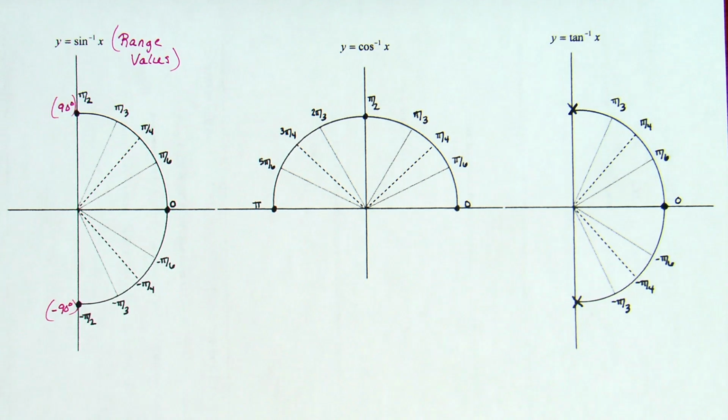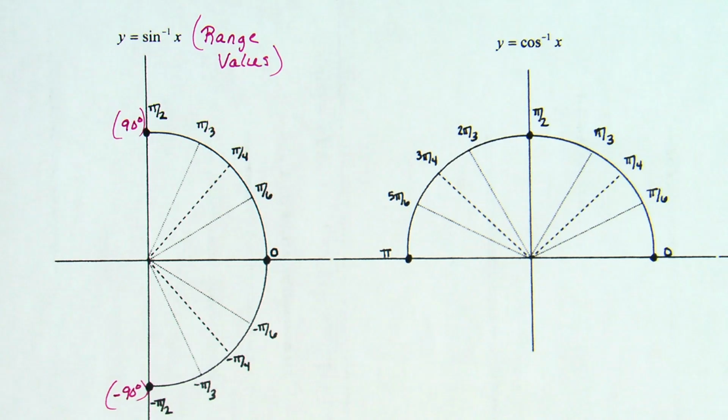So basically what we're saying here is that all of our answers for a sine inverse problem have to be somewhere between negative 90 and positive 90 degrees. Now, do we typically think of this as negative 90? No, we typically think of this as 270. That means if you try and tell me an answer of 270, I'm going to have to say no.